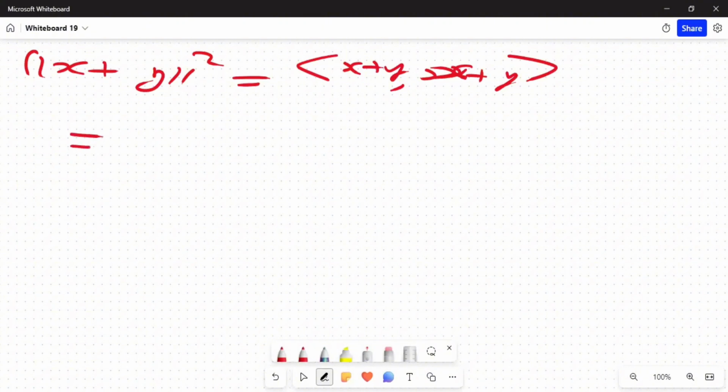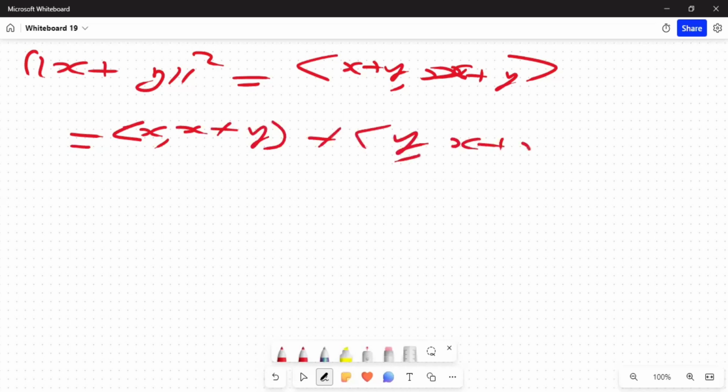So this is equal to, if you expand, x comma the whole of this plus y comma the whole of this. In other words, the inner product of x comma x plus y plus the inner product of y comma x plus y. Okay, you can further expand.